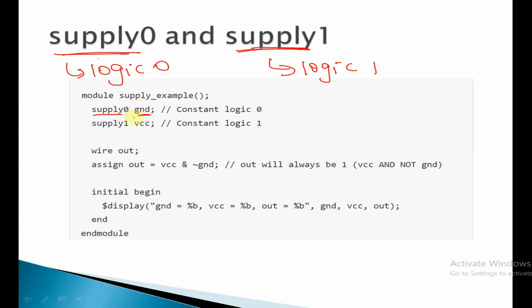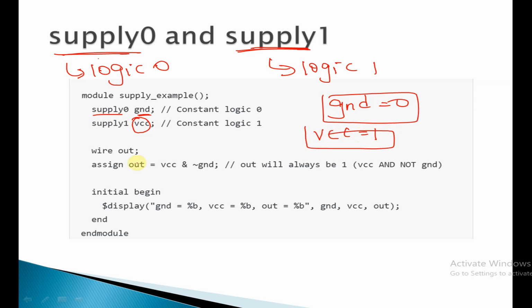So this GND variable will have a value of 0 only, because you are using the data type supply0. And if you use supply1 with a variable, this VCC will have the value of 1. And here you can see we are doing an AND operation: VCC AND with NOT of ground.